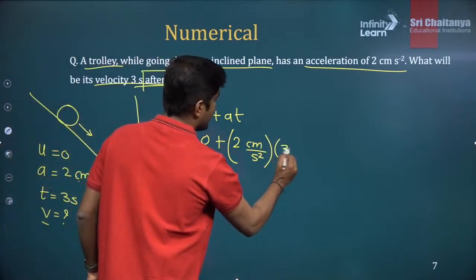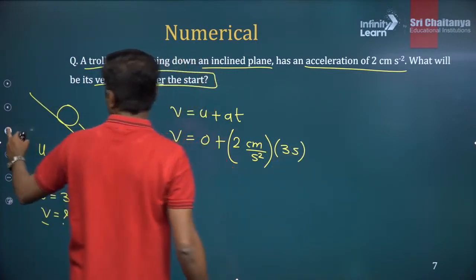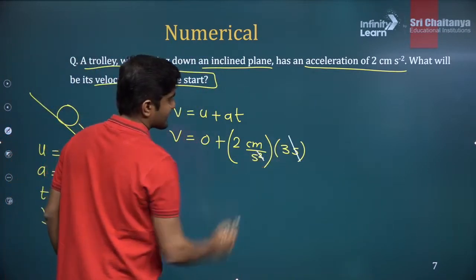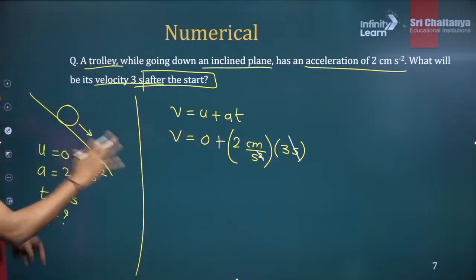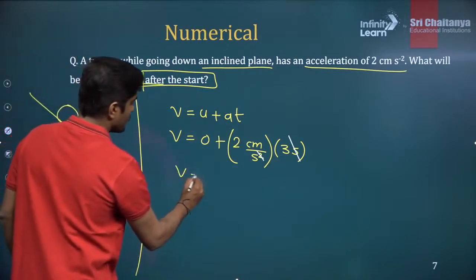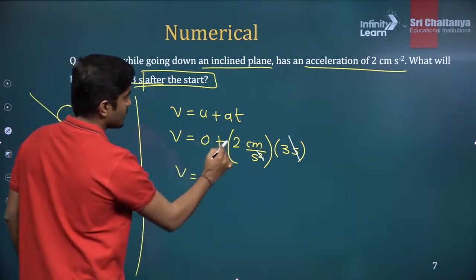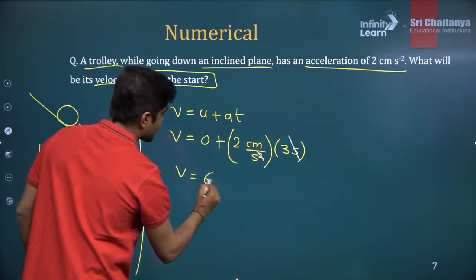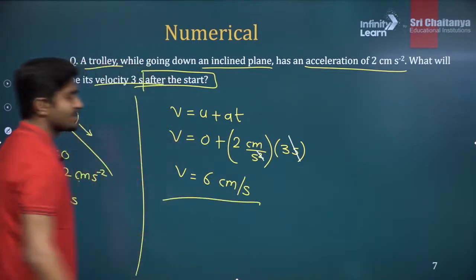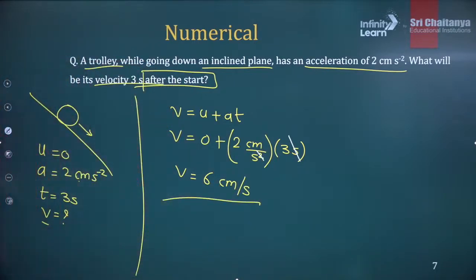Now you can remove one s and conserve everything else. So V is 0 plus 2 into 3, which is 6 centimeters per second. So this is the final velocity.